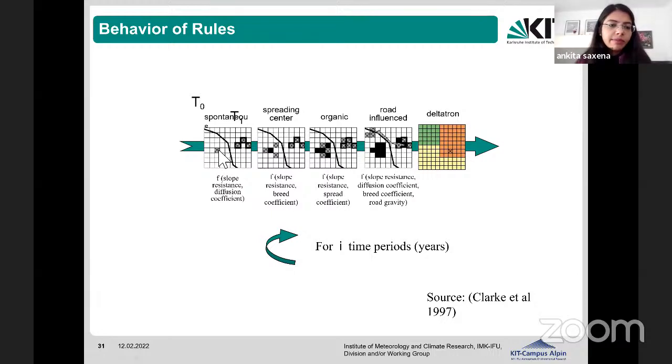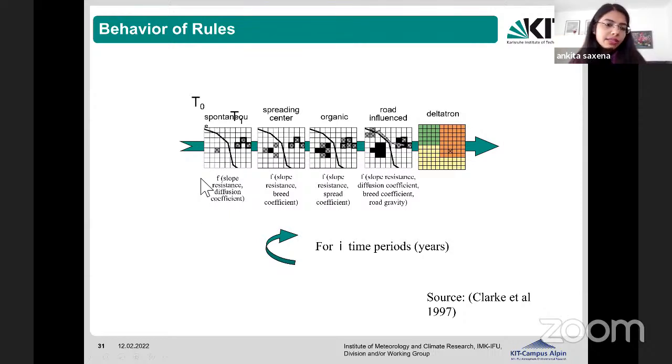In the beginning, this gray pixel is showing the spontaneous growth. And then in the neighborhood, the growth is taking place. And then again, it's spreading in the form of organic growth. And then road influence growth along the road network. So this urbanization concept is being formulated with the help of cellular automata.